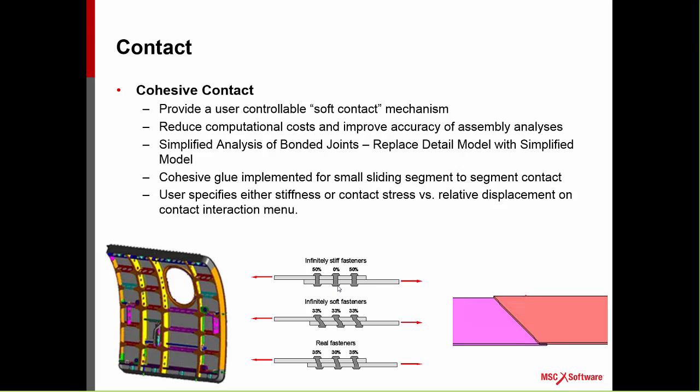So we didn't get as much displacement as what would be experimentally observed, or if we applied a displacement, we'd see too high a stress. So we've introduced this concept called cohesive contact, and cohesive contact can only be used with the segment-to-segment procedure. And what it does is, rather than say it's a glued contact or infinite stiffness, we allow you to define what that stiffness factor is.